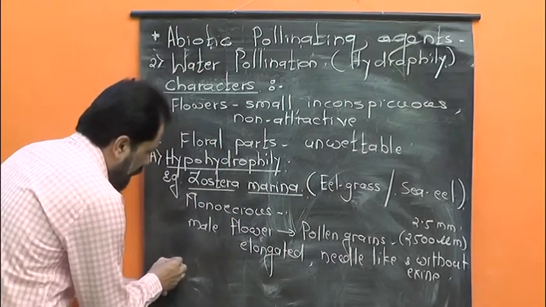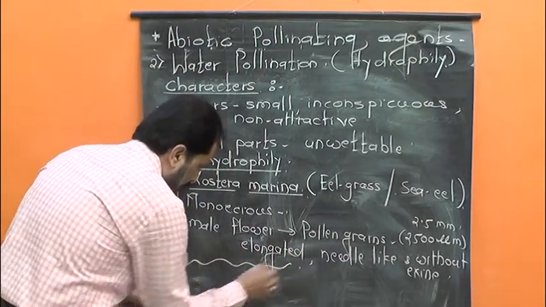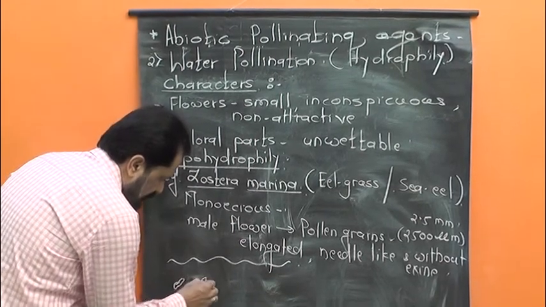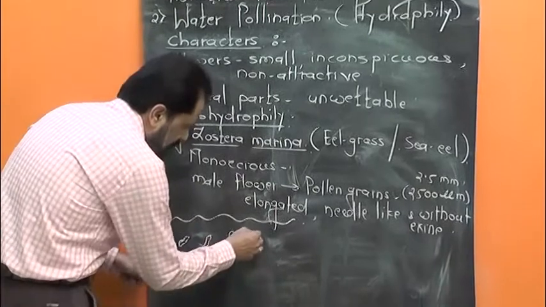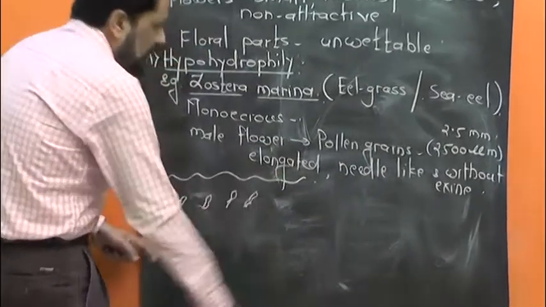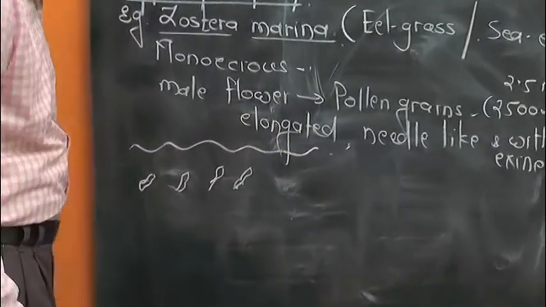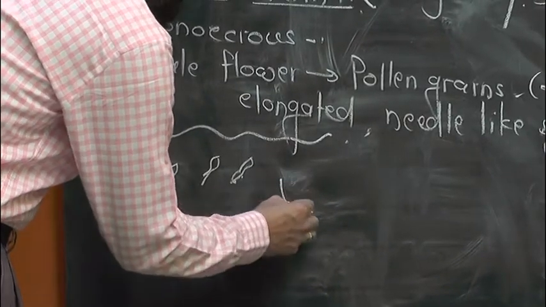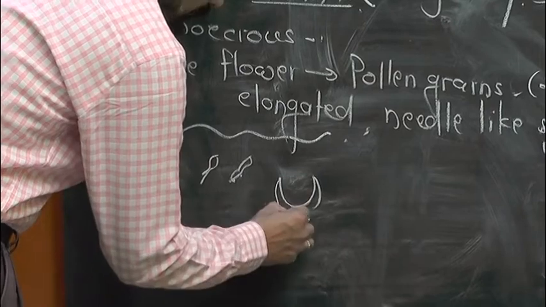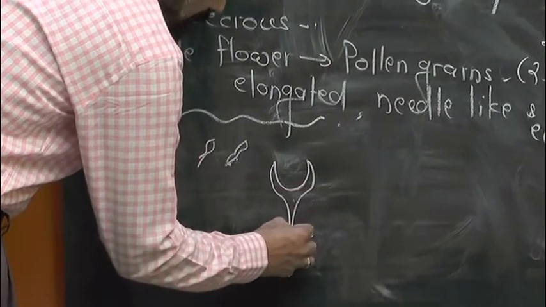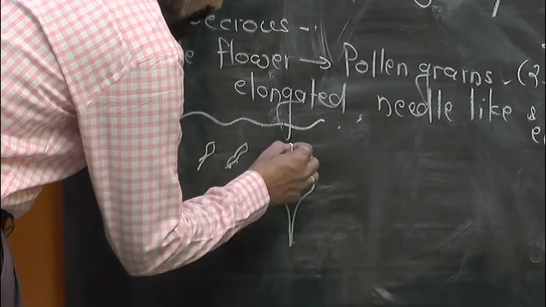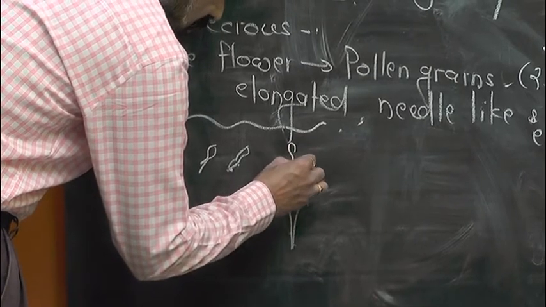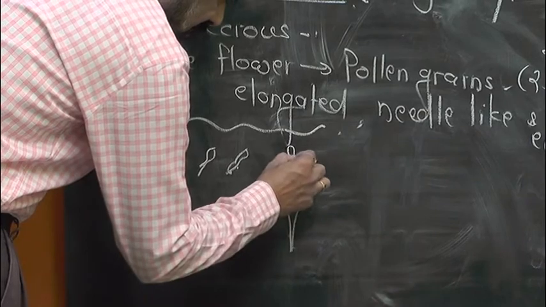Let me show. Suppose it is the water surface and pollen grains float here in this manner just below the water surface, and when these pollen grains come in contact with the female flower, the female flower shows an elongated, well developed, large and sticky stigma.